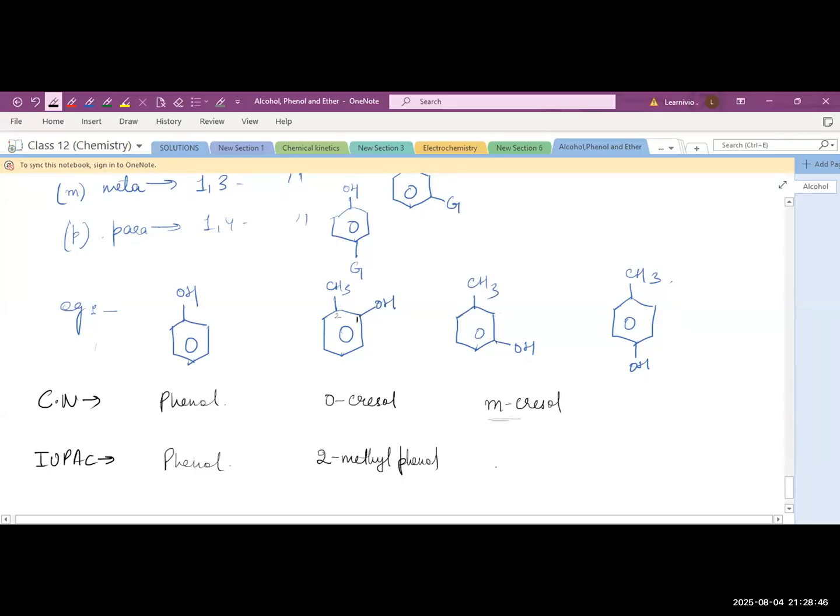What will be the IUPAC name? Let's start numbering 1, 2, and 3. So this is your 3-methyl phenol. Similarly, this is your paracresol, and the name is 4-methyl phenol.